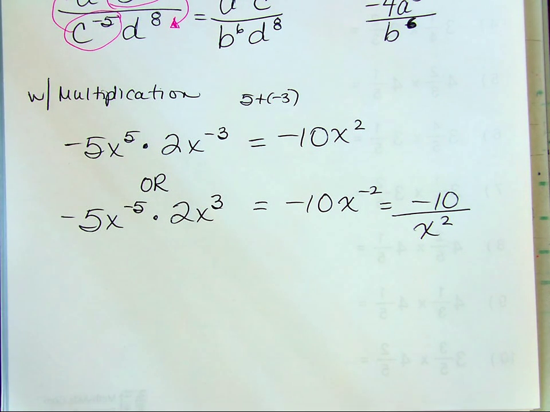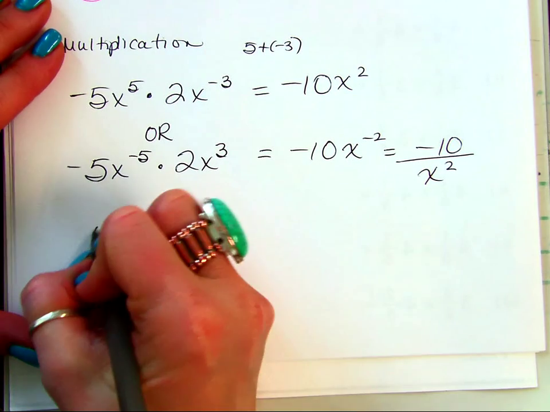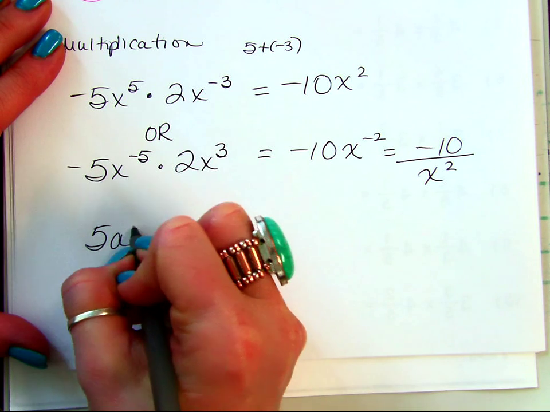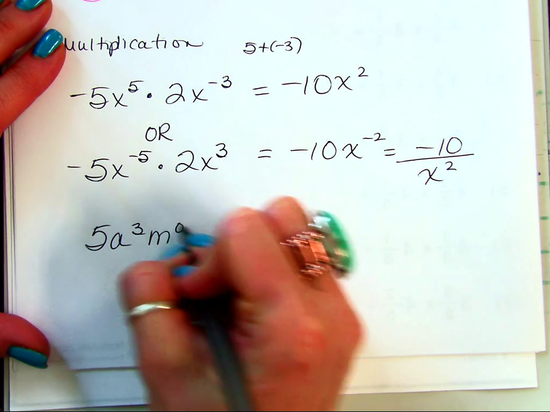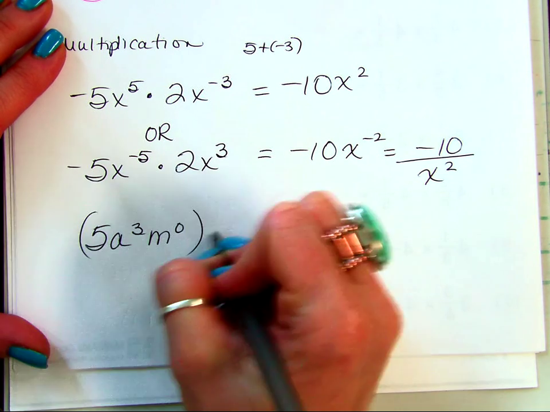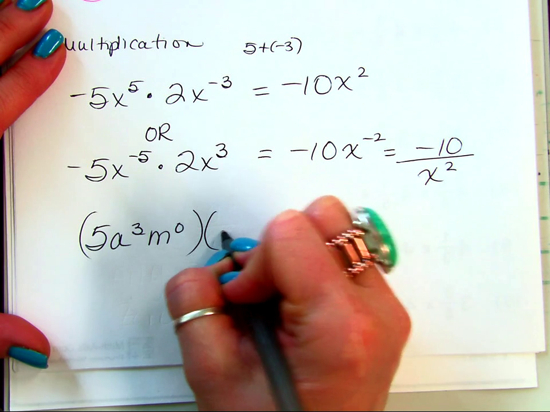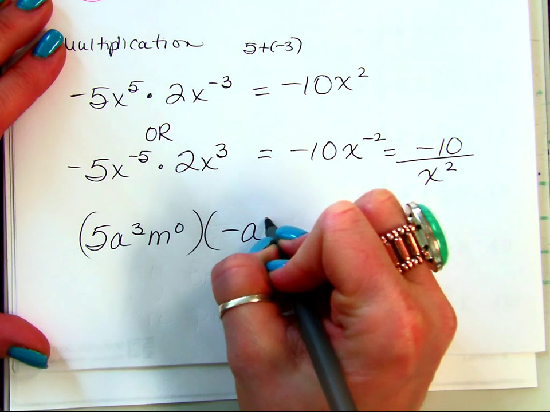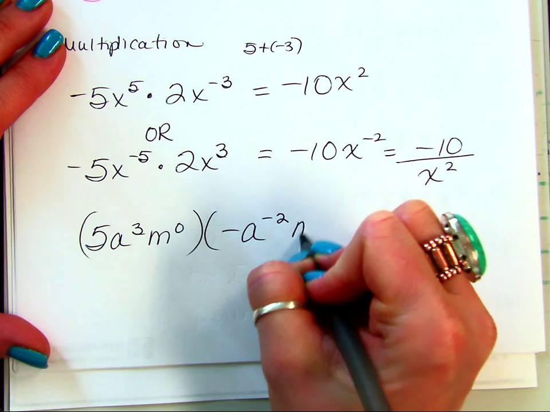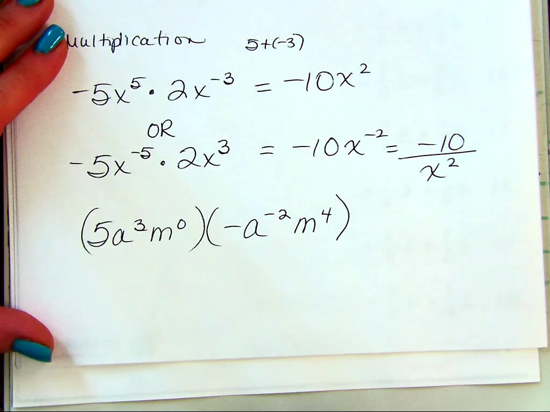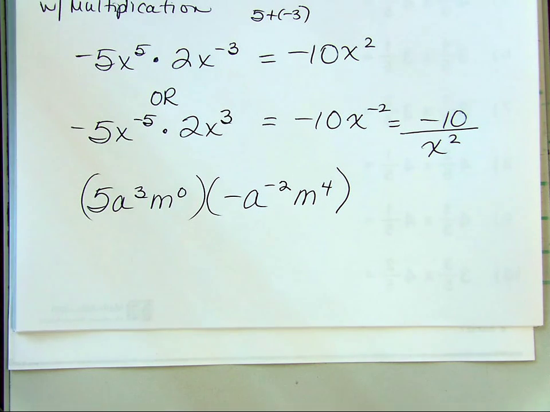What if I have something like this? 5a to the 3rd, m to the 0, times -a to the -2nd, m to the 4th. Okay, if you can get this, then I know you're with me. Okay, let's treat everything separately. What is the coefficient in front of that a?